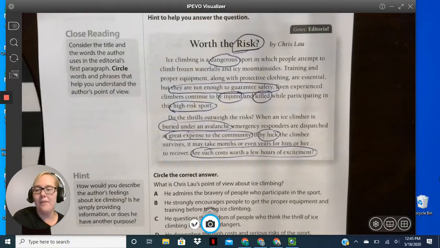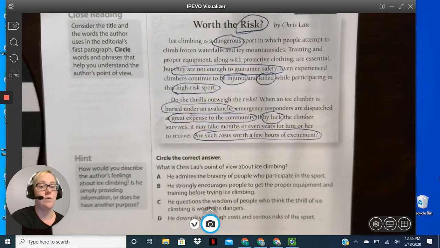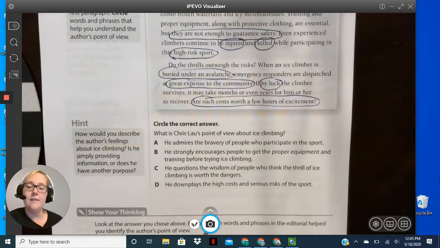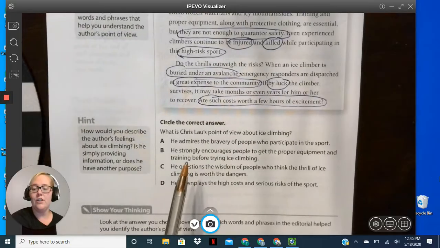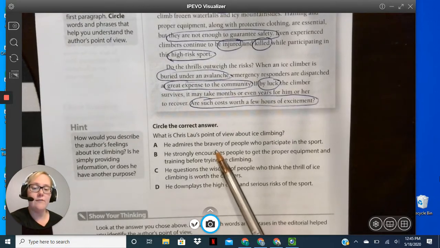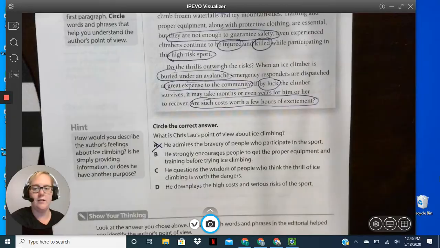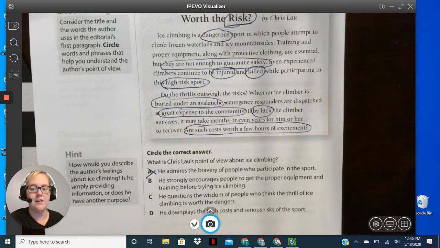Oh, wow. So I'm thinking that this author, unlike the last author, she thought it was dangerous and exciting. He thinks it's dangerous and not worth the risk. Okay, so let's look at our question. What is Chris Law's point of view about ice climbing? A says he admires the bravery of people who participate in the sport. Definitely not, based on the things that we circled up here.